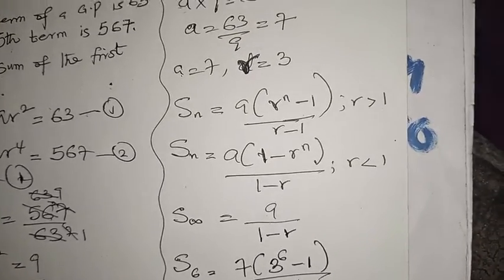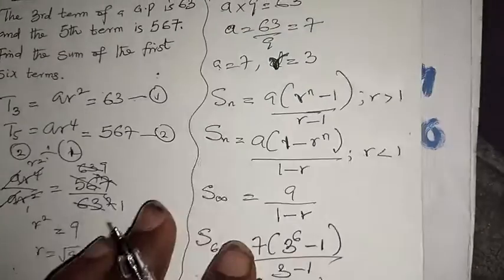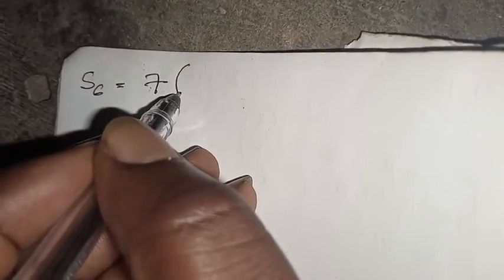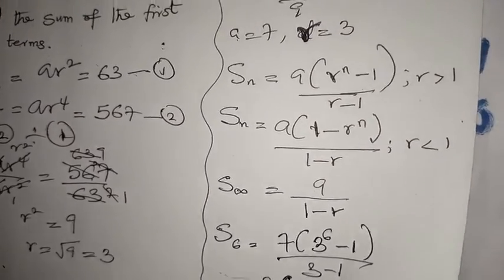So from here, we now have the sum of the first six terms will now be equal to A, which is 7, into, now if you look at the previous one that we did, you see that we have 729 minus 1.